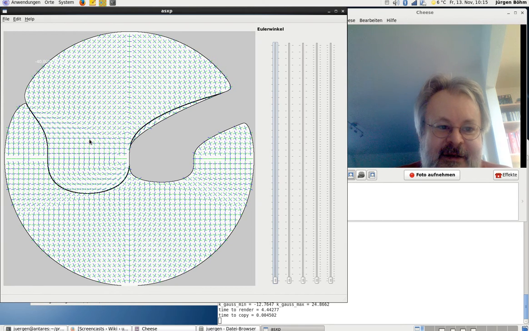But for now we are not so much interested in the form of the surface in space, but we want to place integral lines, flow lines, for this direction field.